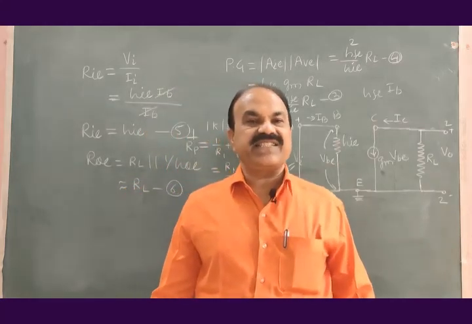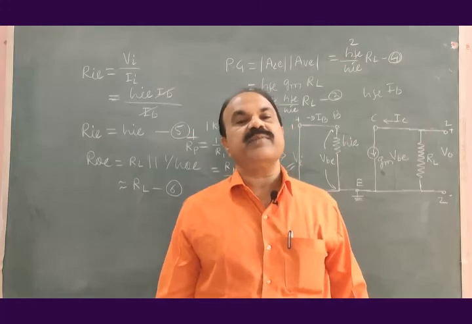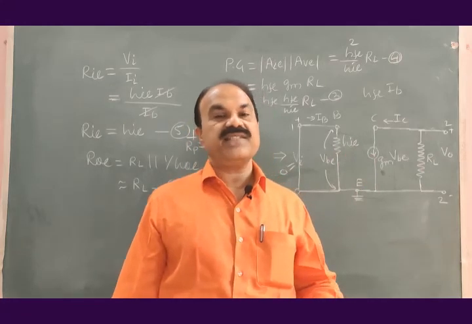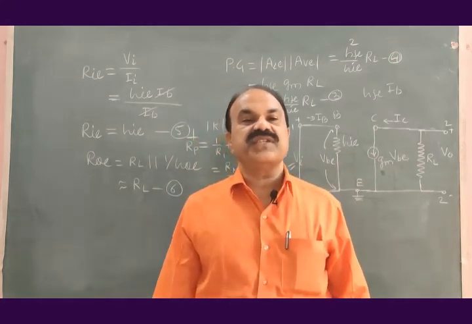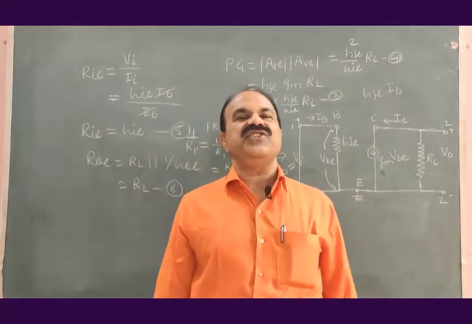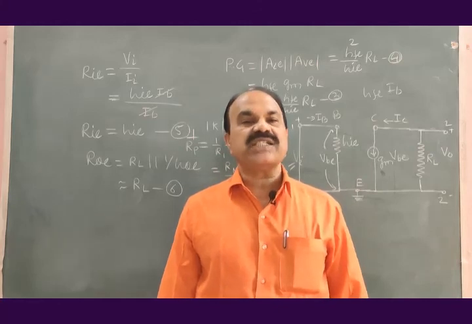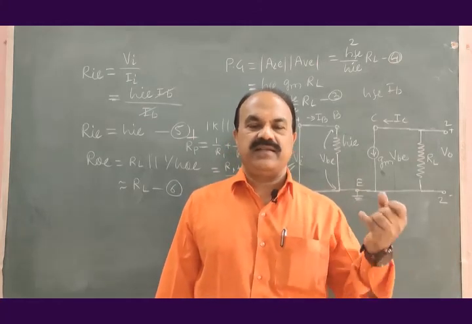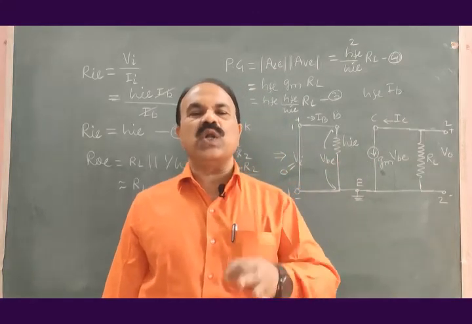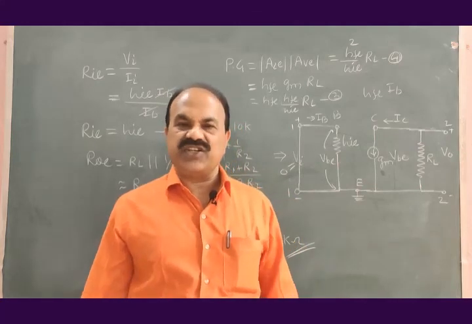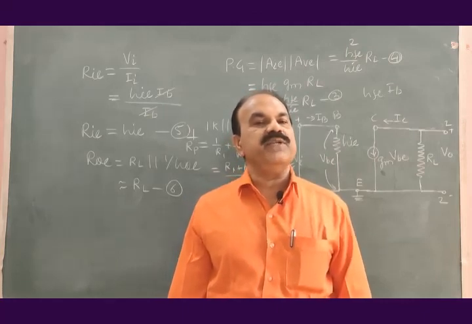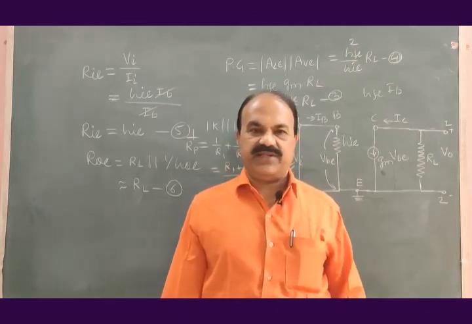When it is connected in cascade, it can transfer maximum power from input circuit to output circuit, as its input and output impedances are comparable with each other. This is the cost advantage of the CE amplifier, and therefore the CE amplifier is popularly used for almost all applications in any electronic circuit. This is about analysis of the CE amplifier using H parameters.